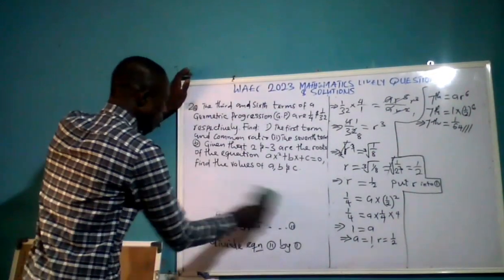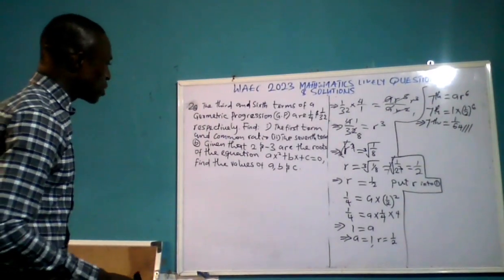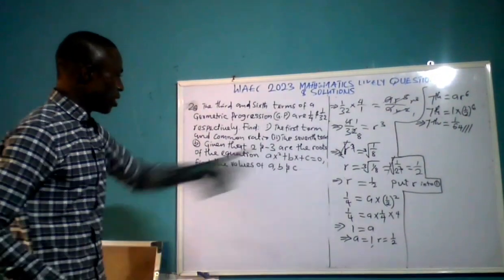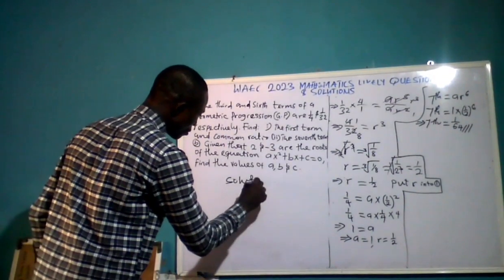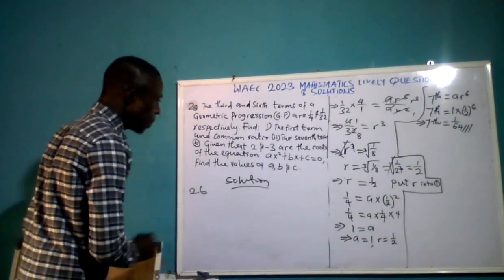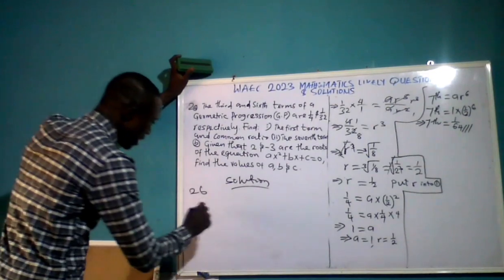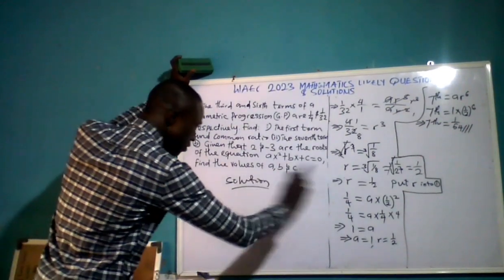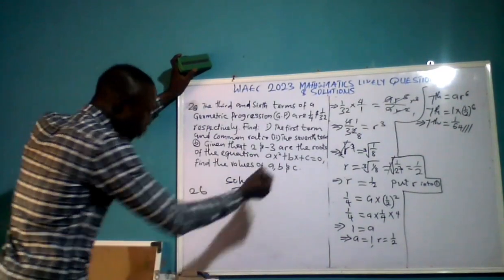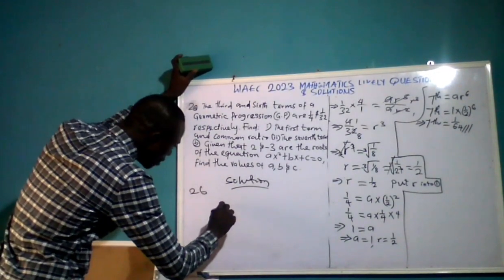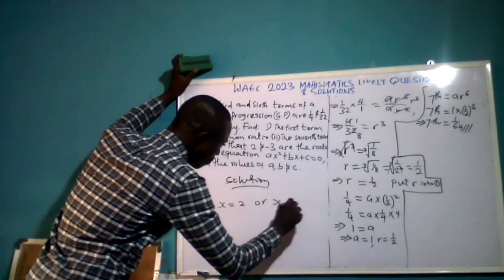In question number 2b, we are given that 2 and minus 3 are the roots of the equation. Since the equation is written in x variable, it means that for 2 and minus 3 to be the roots of the equation, x is equal to 2 or x is equal to minus 3.